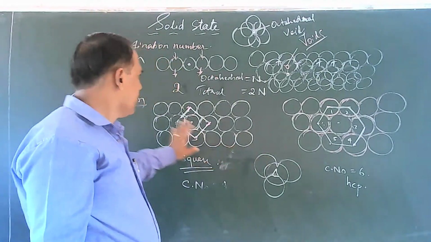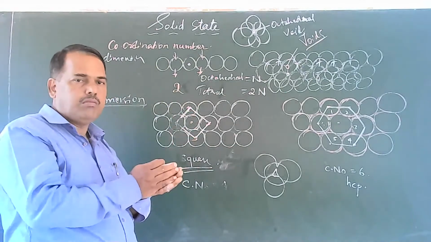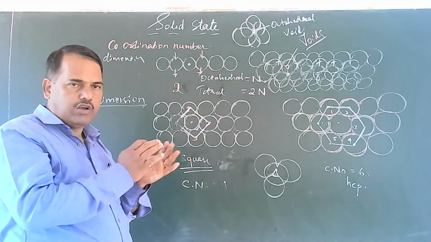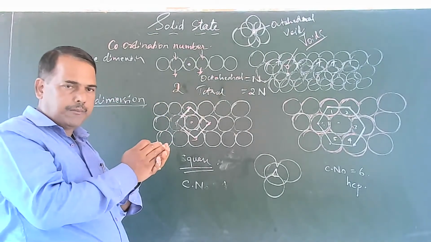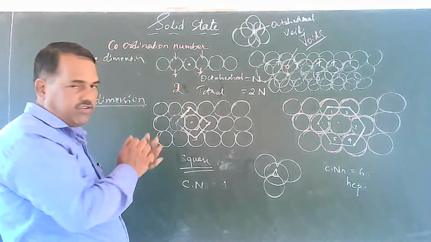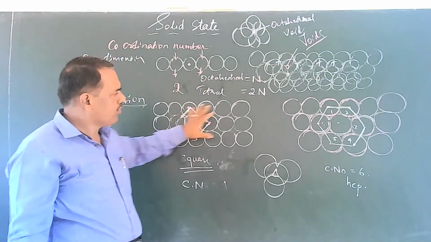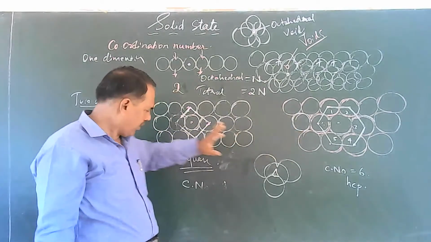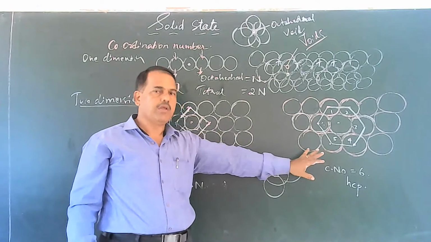So this is nothing but the arrangement of spheres, and we will assume all solids have the circular shape or sphere, and the arrangement in two dimensions. Again, we will find two types of geometry. One is square, another one is hexagon.